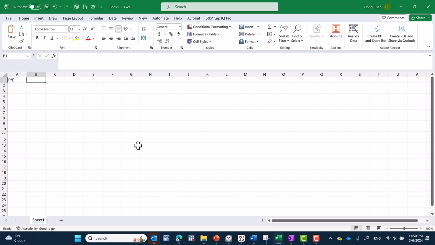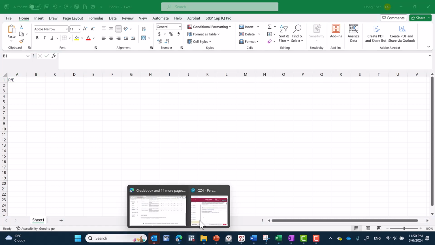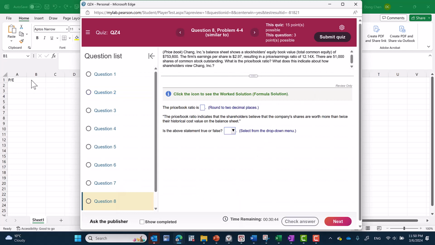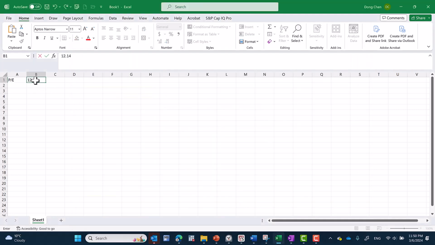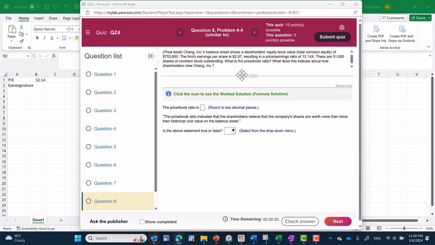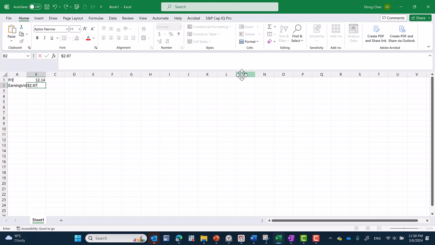The P/E ratio here is 12.14, and earnings per share is $2.97. So this means price could be derived from multiplying price earnings and earnings per share.